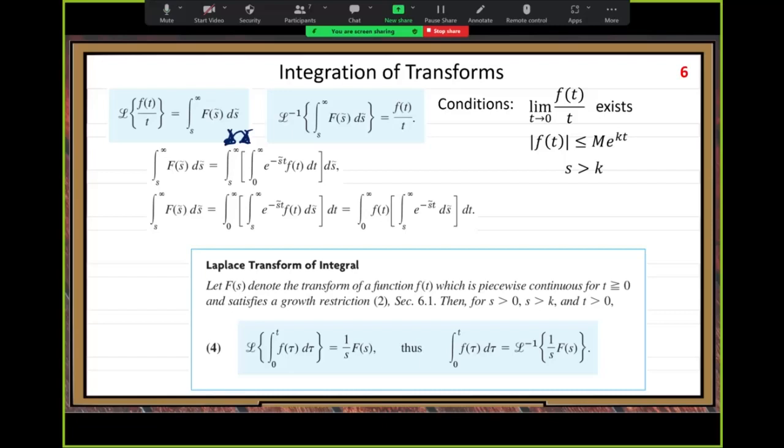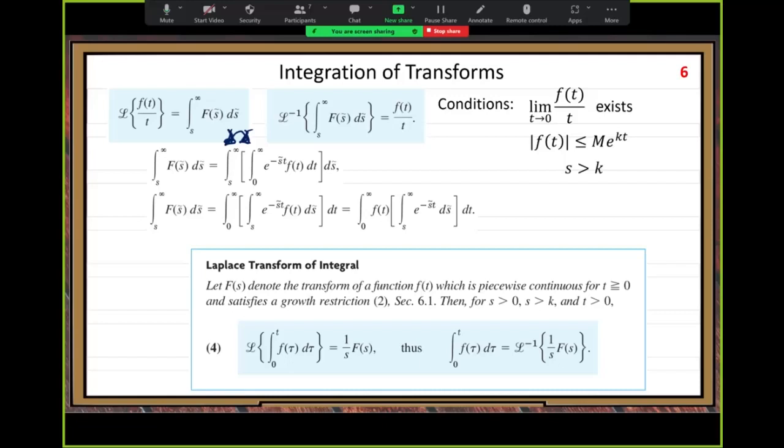Little f of t has nothing to do with little s tilde, so we can factor f of t out of the inner integral.